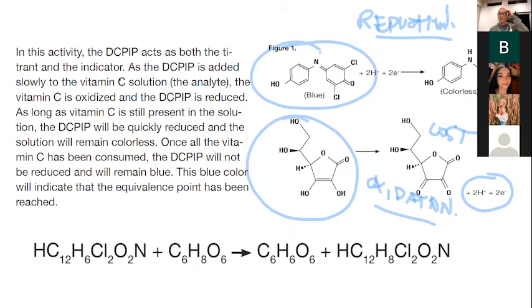So what we're going to do is start with a clear solution of vitamin C. Then we're going to add something that's blue. Now, is it going to stay blue? Will that solution continue to be blue? So I've got a clear solution of vitamin C, and I'm adding a blue molecule to it, the DCPIP.